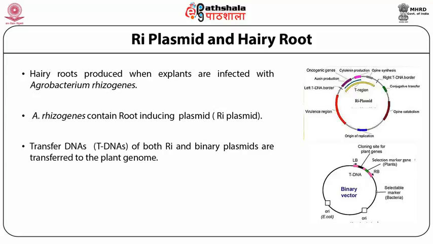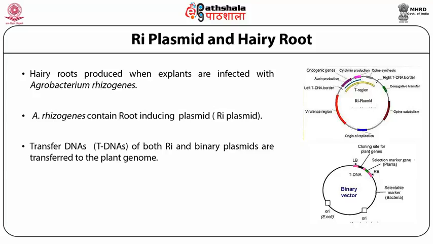And the tDNA from the binary vector contains a gene of interest as well as a plant selection marker. It can be one marker, an antibiotic resistance marker, or it can be an antibiotic resistance marker as well as a fluorescent marker, just to visualize or select the transformant roots.